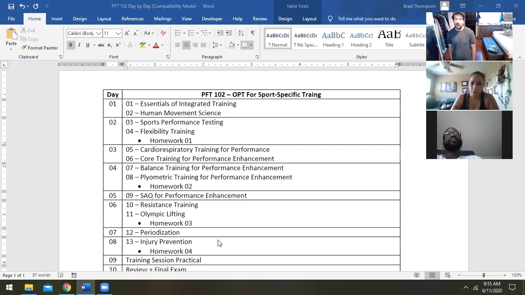Then on Friday, tomorrow, we will dive into sports performance testing, which is getting into the assessments side of the sports world. What's funny about that is that assessment stuff is going to look exactly the same as how we've studied it in the past.